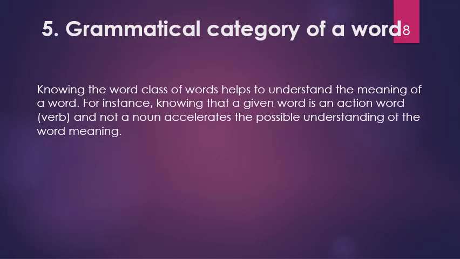Another way of understanding the meaning of a word, or the easiest way that helps you, is knowing the grammatical category or grammatical class of a word. It is well known that every word in English has a grammatical class and function.